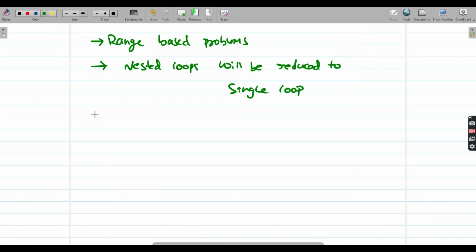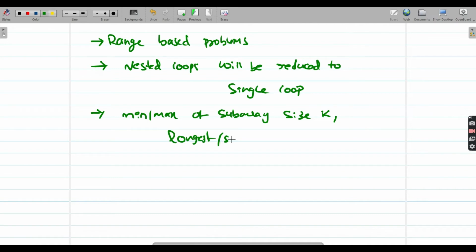This particular algorithm applies to finding the minimum or maximum of subarray size k, or else finding the longest or smallest substring or subarray, depending upon the condition.